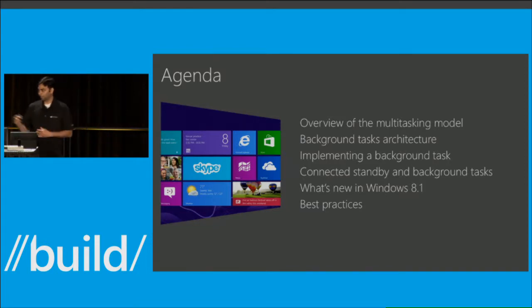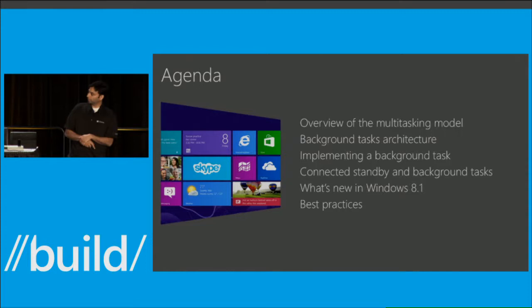Before I go ahead, I wanted to call your attention to the picture on the slide. It shows things like Skype, mail, and your messaging apps, and this picture is by design. I purposefully put it there to call out the fact that apps like Skype, Lync, and Mail use background tasks to show your VoIP call, to download your mail in the background, and to perform all these features.